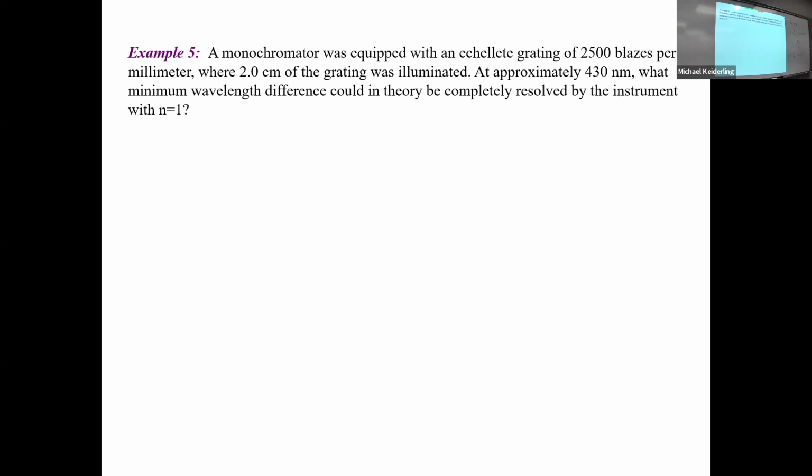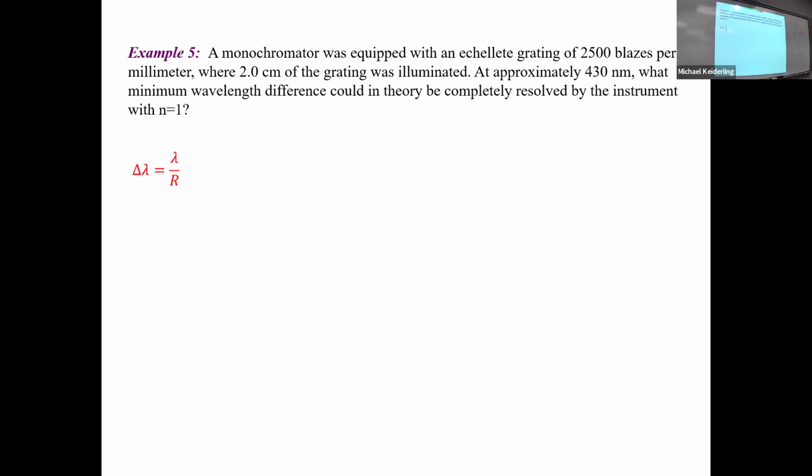So we have a monochromator equipped with an echelon grating of 2,500 blazes per millimeter, where 2 centimeters of the grating is illuminated. So our big N is how many grooves are illuminated. And at approximately 430 nanometers, what's the minimum wavelength difference that can in theory be completely resolved for the instrument if n equals 1?